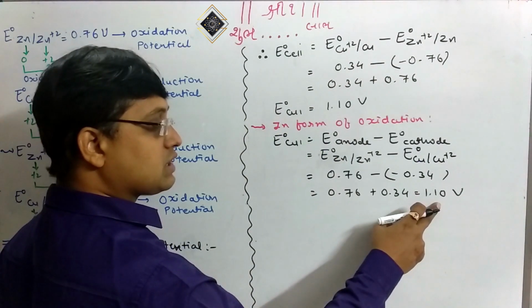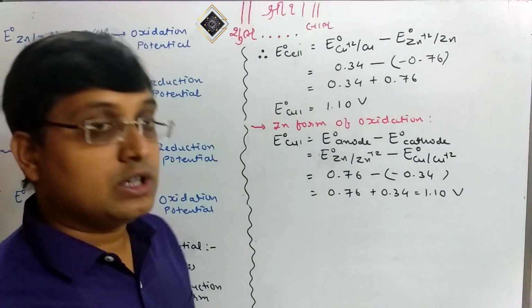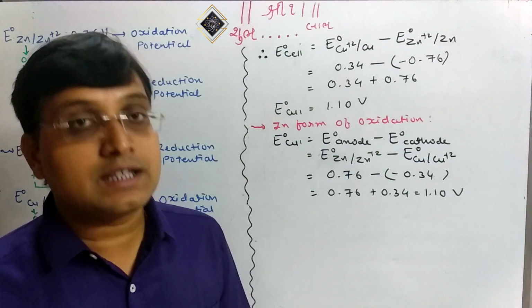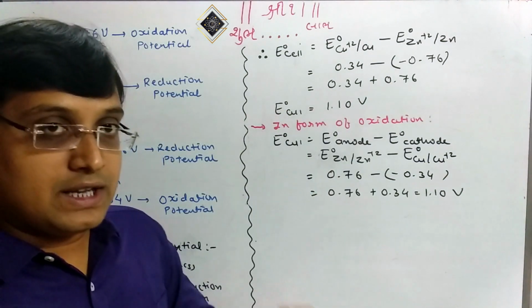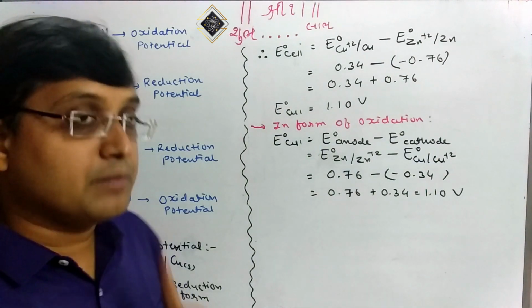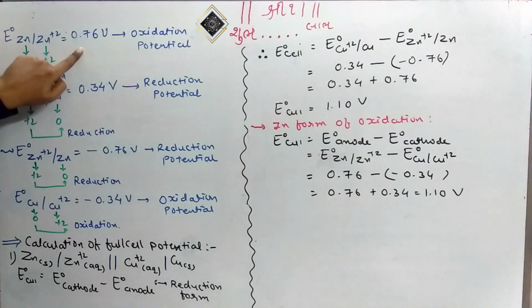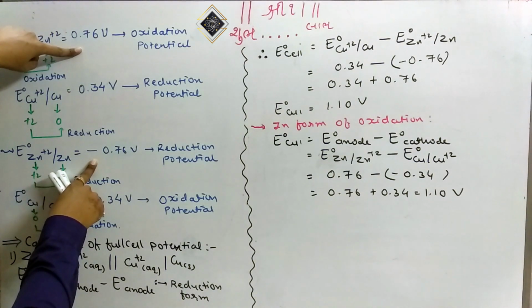In the form of oxidation, if you calculate the cell potential, it is also 1.1 volt. So the second note: for a full cell, the cell potential is always positive, and we get the same answer, the same in magnitude and with the sign. But for half cells, the oxidation and reduction potentials are the same in magnitude but opposite in sign.